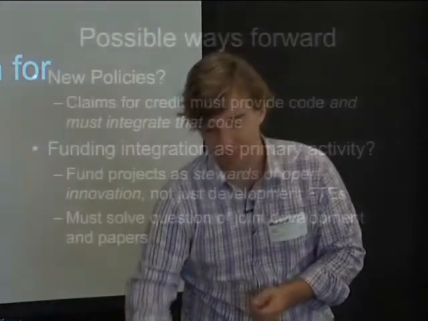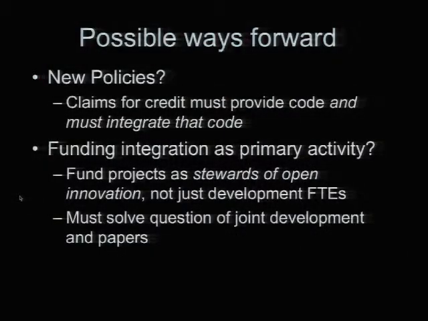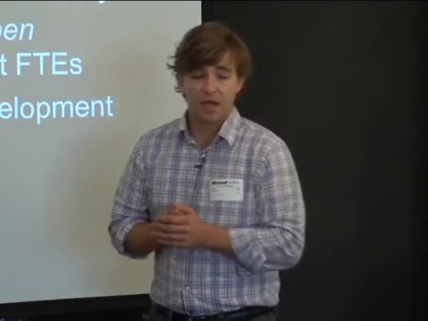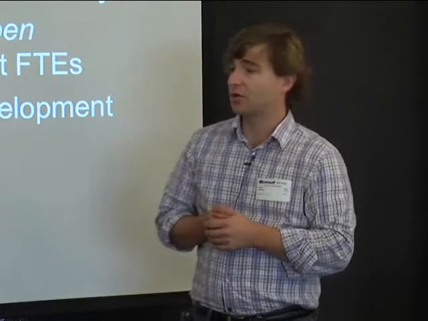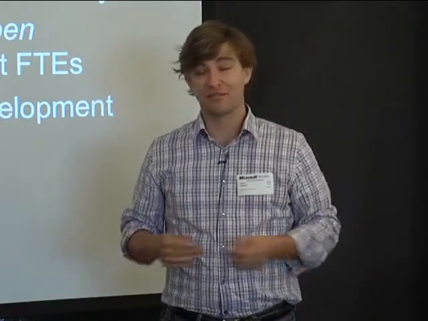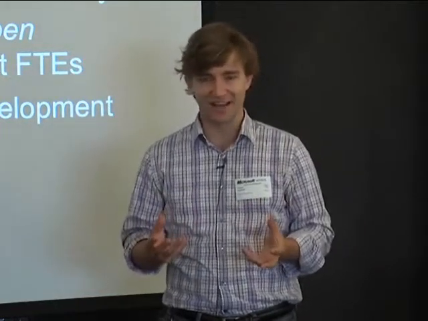So then the question becomes, all right, we could improve development and maybe improve correctness by going more modular, but how do we improve integration? Some possible ways forward here, and we're just starting to think about these, is could you do this through some new policies? People talk about having a policy that if you write a paper and it's got code in it, you have to release that code.